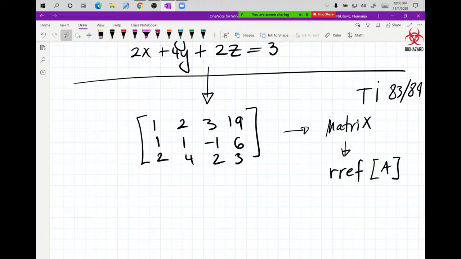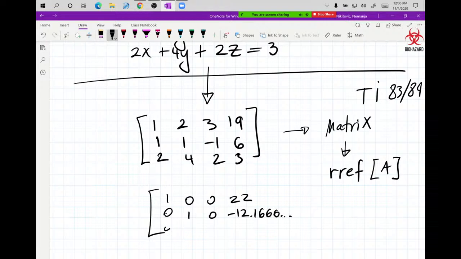And when you push enter, you will get a matrix that looks like this: 1, 0, 0, and then 22; 0, 1, 0, and then negative 12.1666 going forever; 0, 0, 1, 3.8333 and so on.